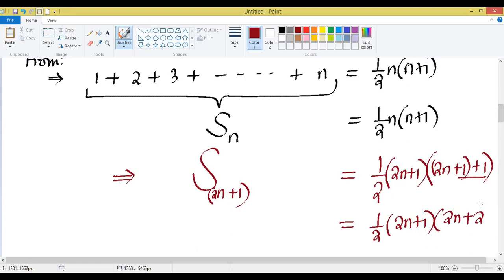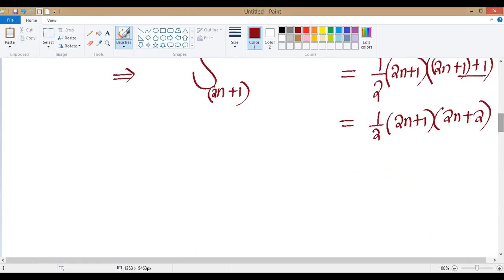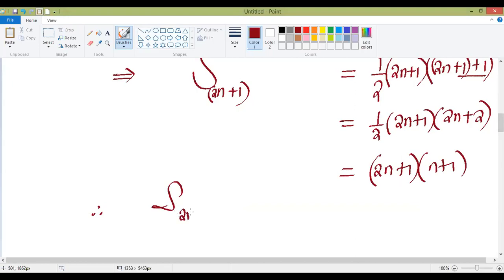That 1 plus that 1, you get a 2. And if you're careful, you realize that that half will reduce the 2 in the other bracket to give us n plus 1. So therefore, the sum up to 2n plus 1 terms of this series is equal to n plus 1 multiplied by 2n plus 1.